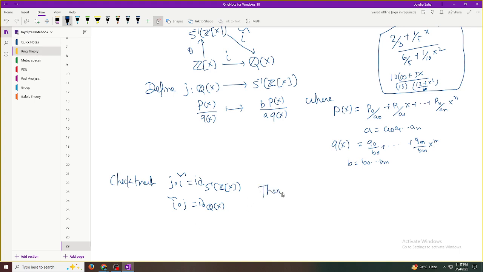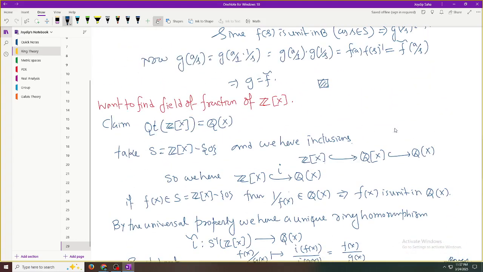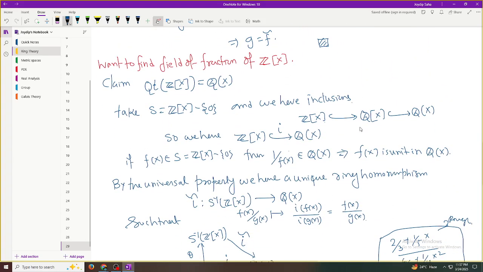Therefore S inverse Z[x] is isomorphic to Q(x), where S equals Z[x] minus 0. So this is finding one example, finding the field of fractions of Z[x].